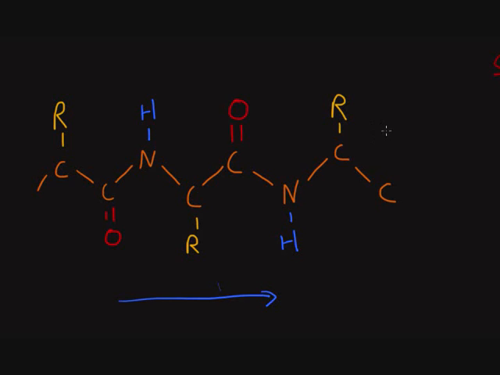And as a summary to this video, I think the most important thing to get from it is that we should be able to start to see now how the order of the amino acids in a protein has an effect on the overall 3D structure.